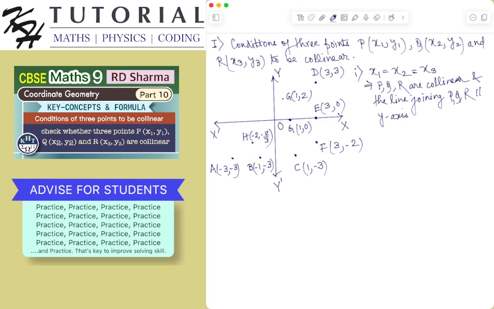So if the abscissa of all the 3 points are equal, then they will lie on a line which will be parallel to the y-axis. So this is case 1.